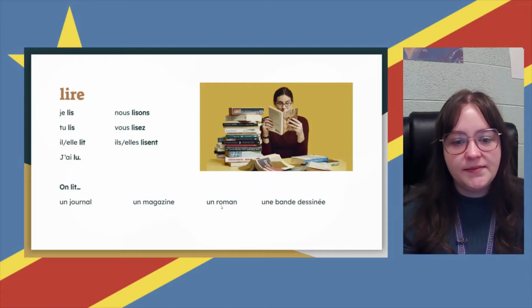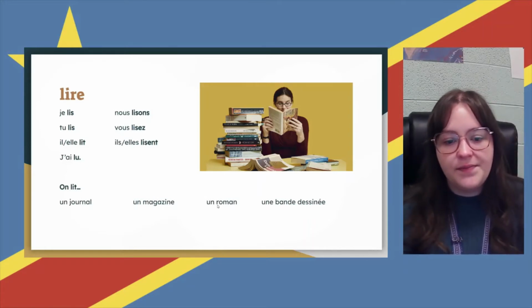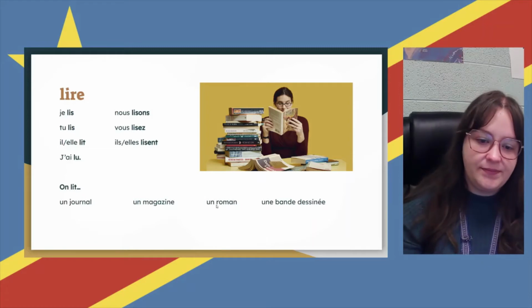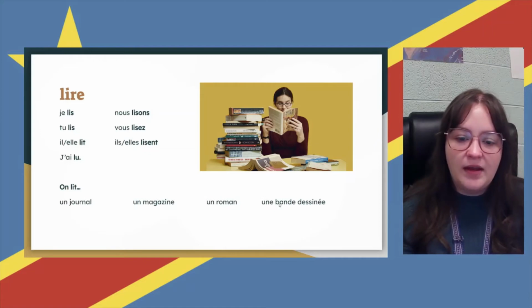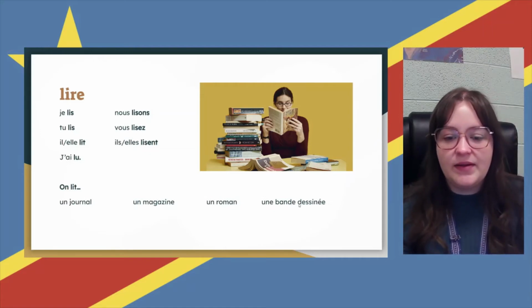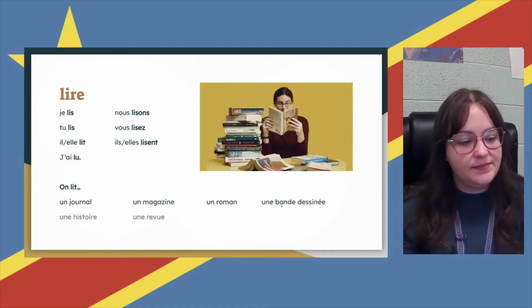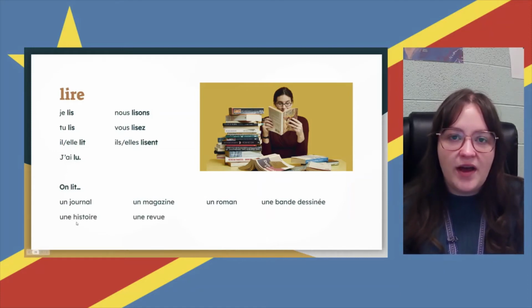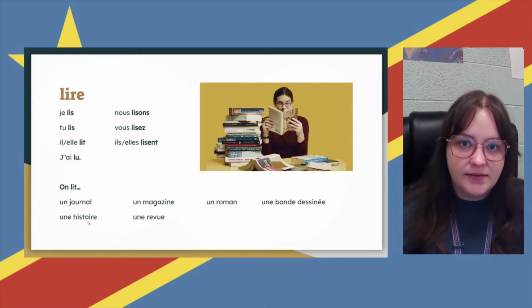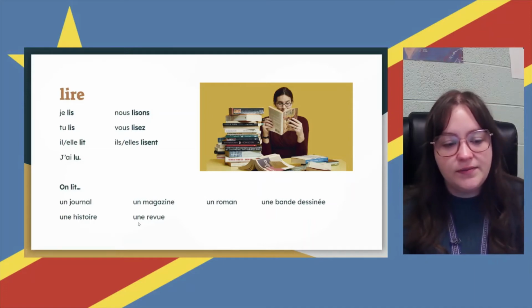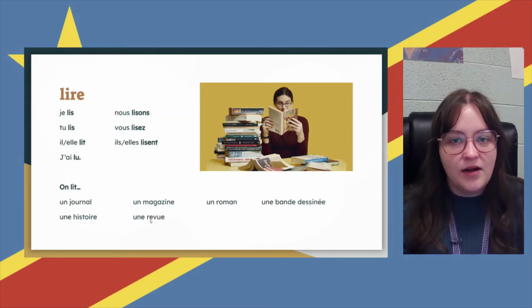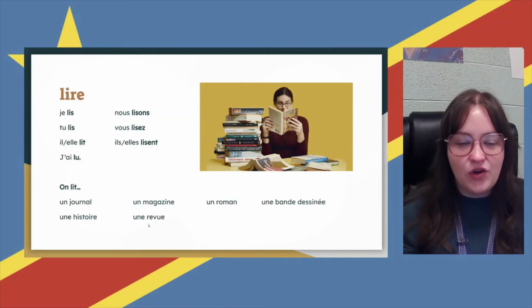Un roman is a novel. Une bande dessinée is a comic strip. Une histoire is a story. Not a history, a story. And une revue is also a magazine. Un magazine and une revue are synonyms.